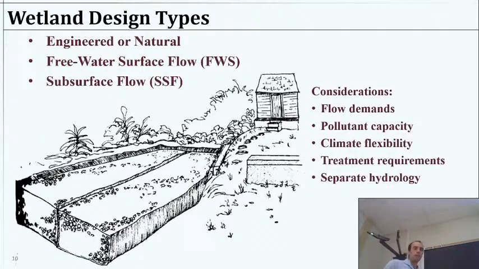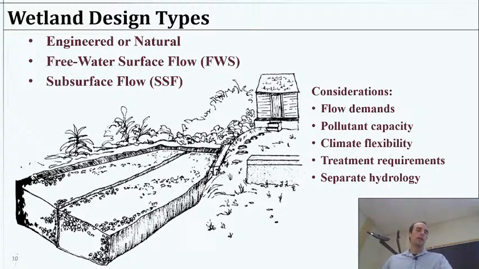Okay, so as we think about how to design a wetland, we've got two options. One would be free water surface flow, so FWS is what we'll call it. And the second would be a subsurface flow. And really, these could be engineered or natural. I guess the free water surface flow would be a little more directly natural.